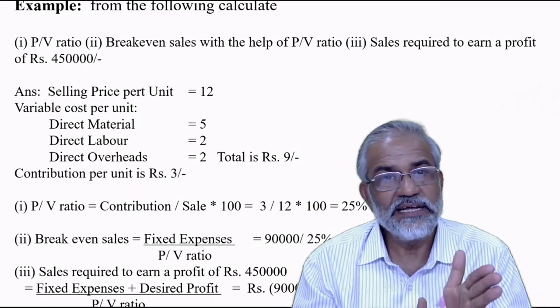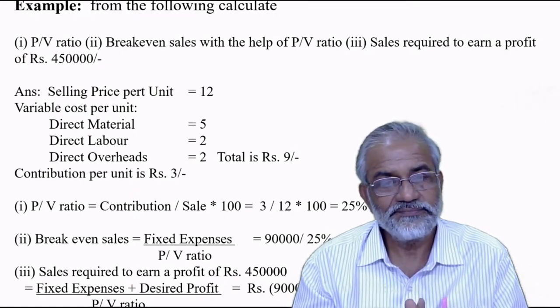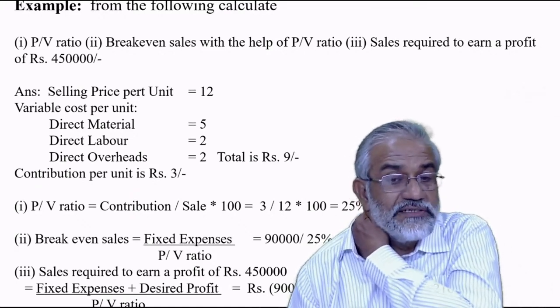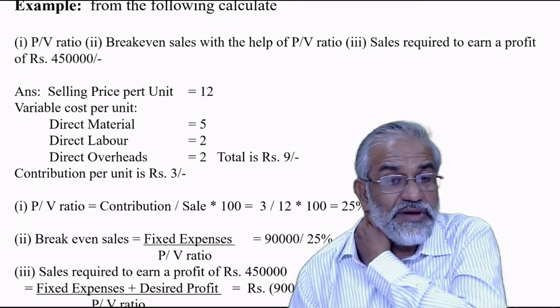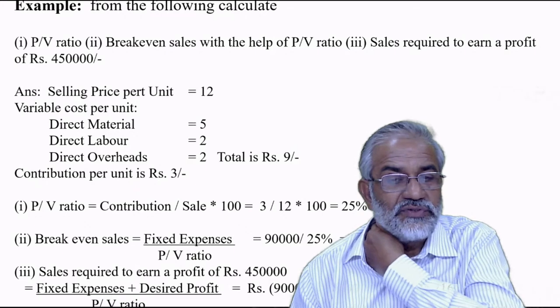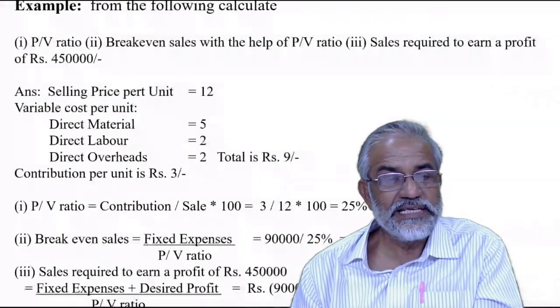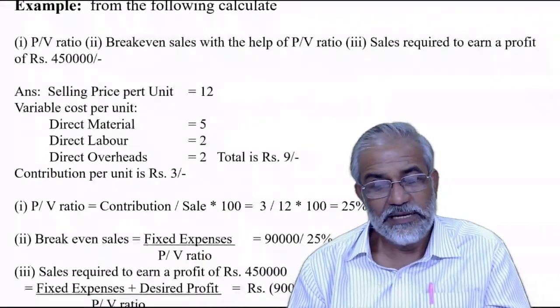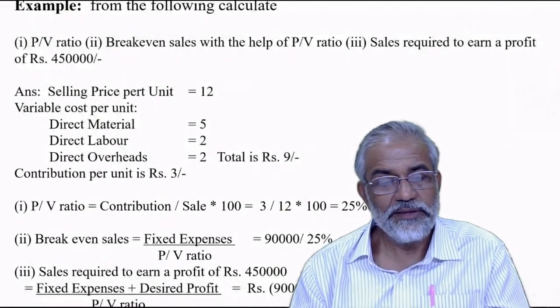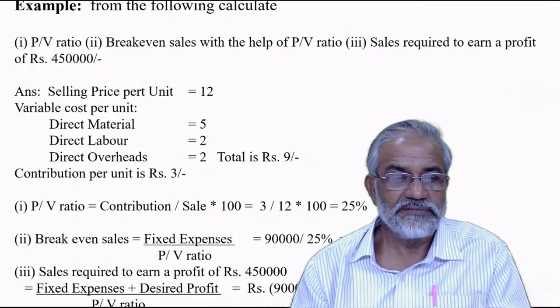Fixed expenses is 90,000 here. So 90,000 divided by PV ratio 25% is 3,60,000. So 3,60,000 is the break-even sales. That means the sale proceeds to be realized when there won't be any profit, there won't be any loss.